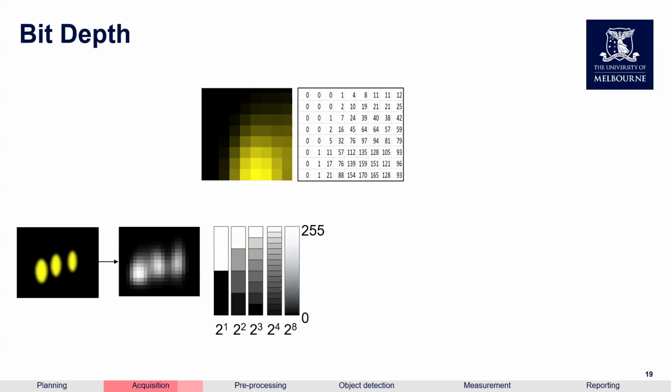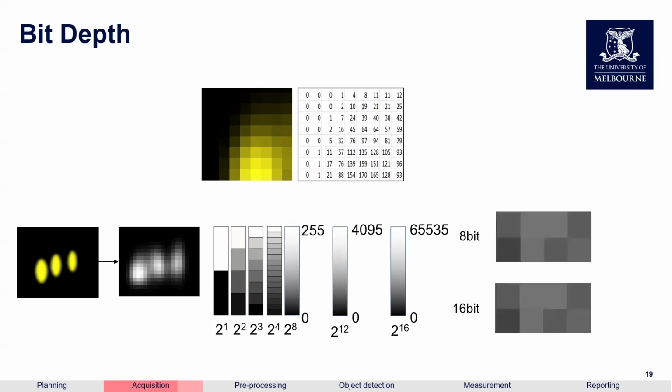An 8-bit image has 256 levels of gray values, which looks smooth enough for the human eye, and that's why it was historically the standard type. But for quantification, usually a higher bit depth, like 12 bits, which gives over 4,000 levels, or 16 bits, which gives over 65,000 levels, records intensity differences much more precisely.